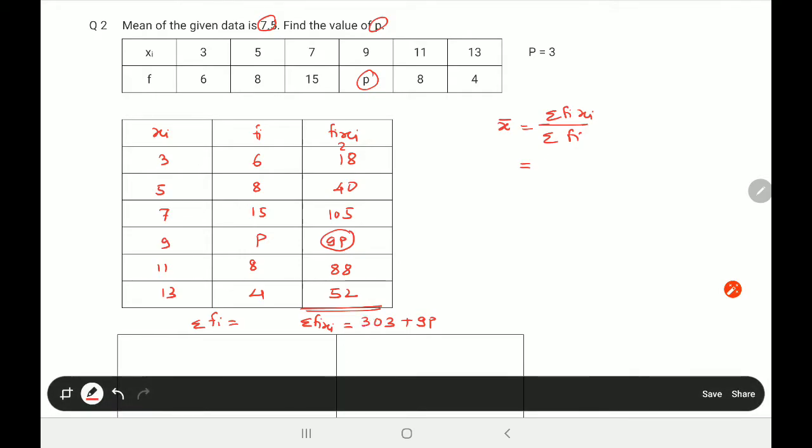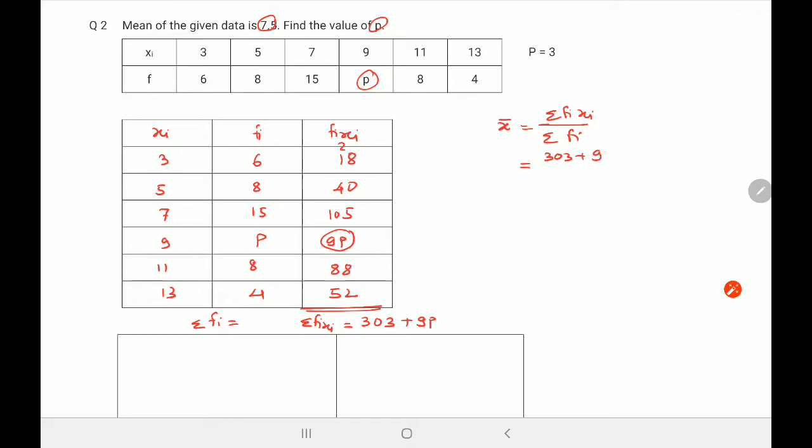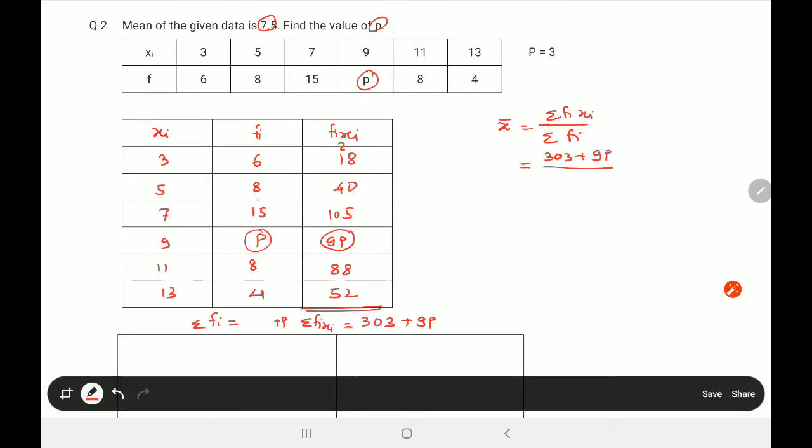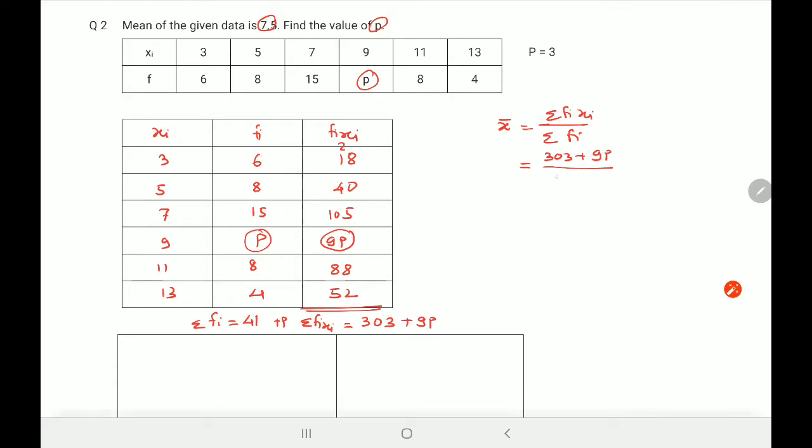So the numerator I get is 303 plus 9p, divided by summation fi, plus p is left as it is because you cannot add that. 12... 41. So it is 41 plus p.